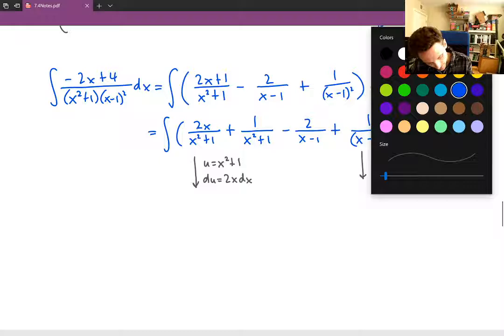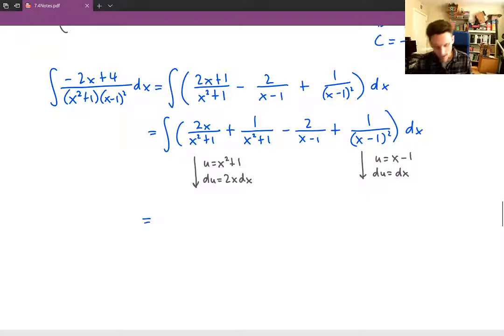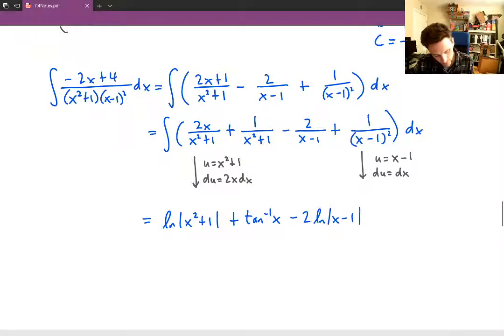All right, so here we'll write, after you do the substitution, so I'm not writing all the details out here, but after you do the substitution, you're going to end up with a 1 over u, which becomes ln absolute value of u, which is ln absolute value of x squared plus 1. Again, 1 over x squared plus 1 we said was arctangent, so inverse tangent of x. And then we have minus 2 times ln absolute value of x minus 1.